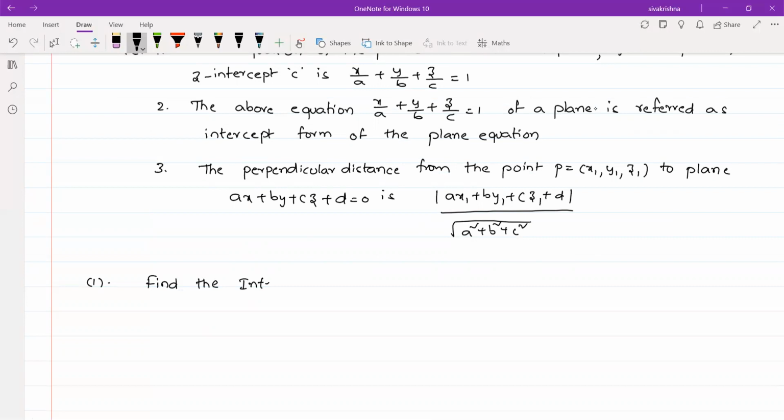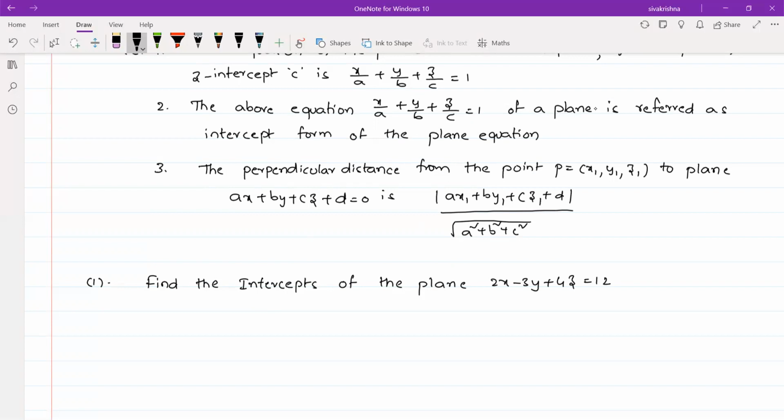Find the intercepts of the plane equation 2x minus 3y plus 4z is equal to 12. Okay, so we have to find the intercepts for the given plane equation.